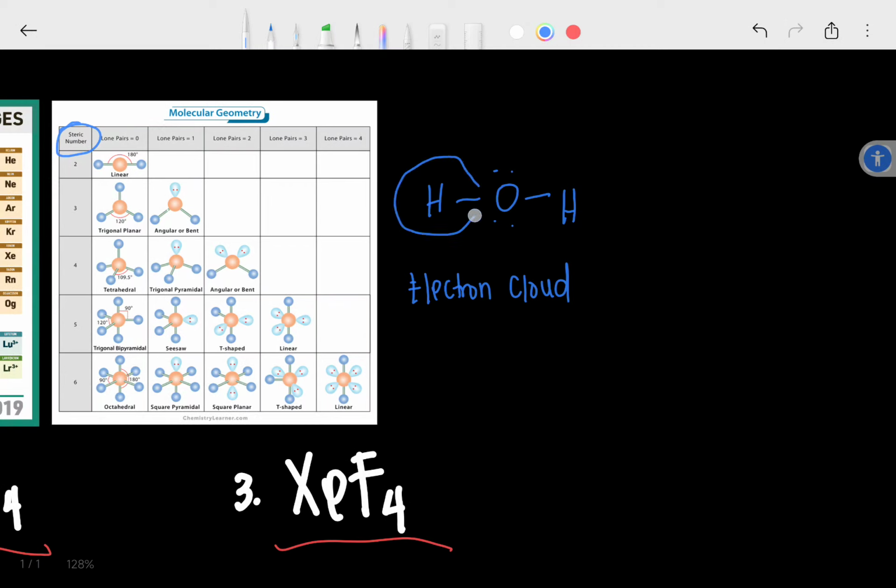We've got 1, 2, and lone pairs are also included, 3, 4. So our electron cloud is 4. So our steric number is 4.